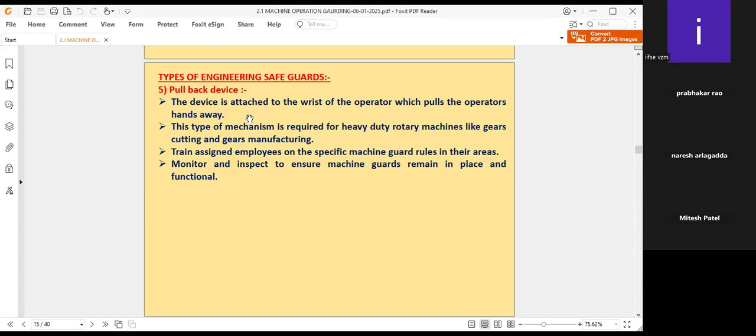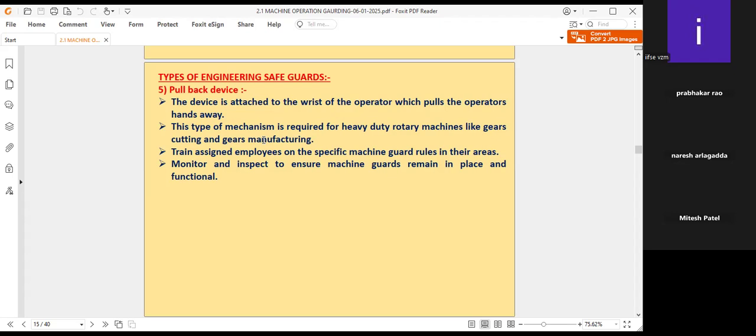We have to be very careful while operating this because it involves electrical movement or hydraulic pressure. You have to be very careful with your wrist. This type of mechanism is required for heavy-duty rotary machines like gear cutting and gear manufacturing. It's not used in normal industries, sir.